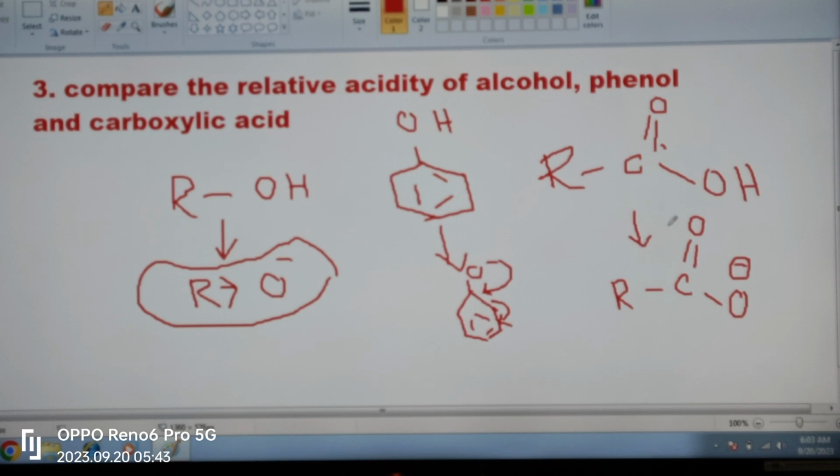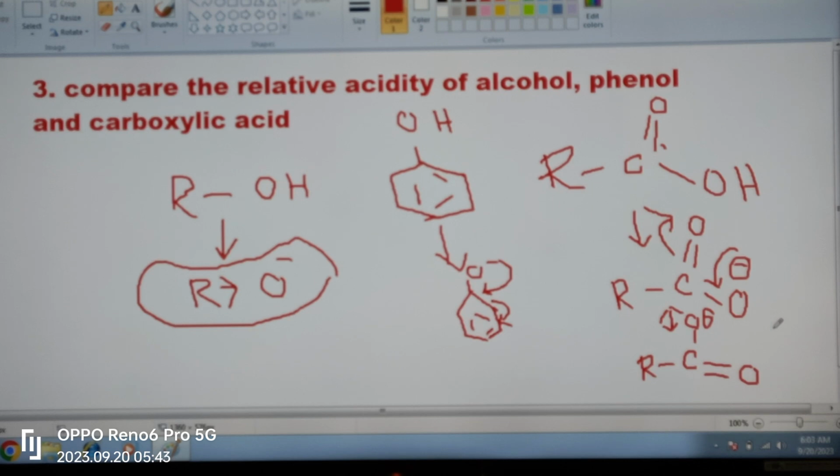And if you consider the carboxylate anion, it is also stabilized through resonance, but here the stability depends on the structure of the two canonical forms, which are equivalent. All of you know, if a canonical form exists in another canonical form and they are equivalent, their stability will be maximum.